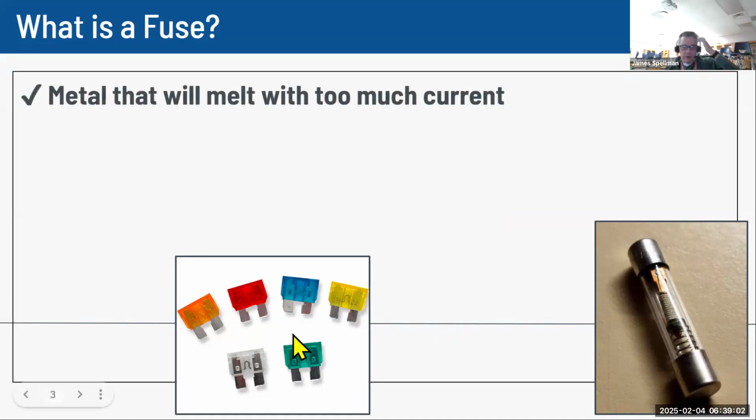And basically there's some pictures right here of a fuse, and you can see that there's two pieces of metal. What they do is the electricity flows through the fuse, so it flows from one side to the other. And the two pieces of metal are also connected by metal. Effectively, if there's too much electricity that goes into it, the metal is going to melt. And once the metal melts, it kind of breaks the wire, and the electricity can no longer flow through it.